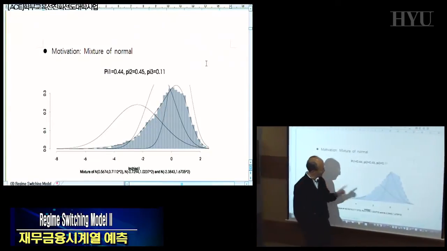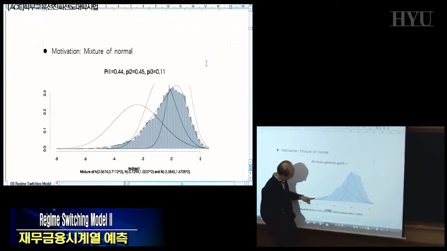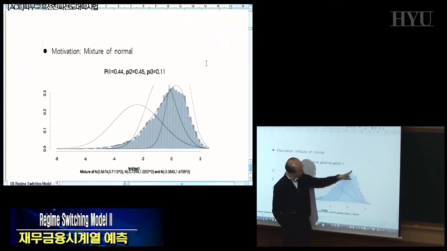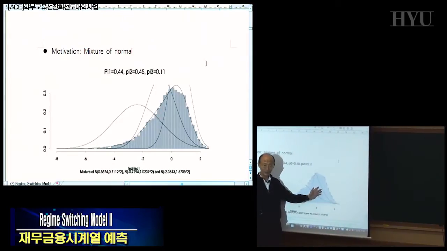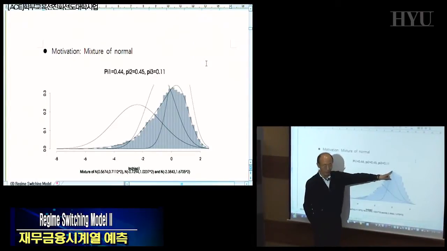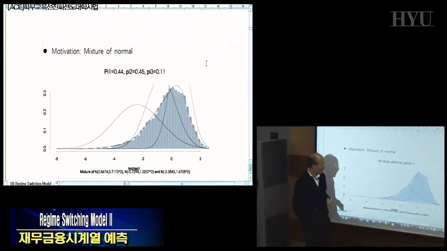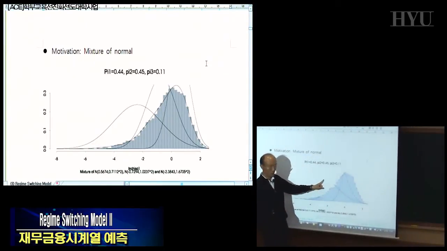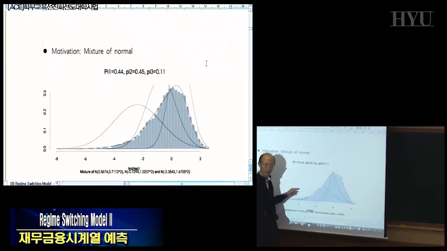But what I did here, well, it appears that this curve closely explains the histogram, right? The way I drew this graph is, suppose I have a normal distribution having a negative mean here, right? And big variance.